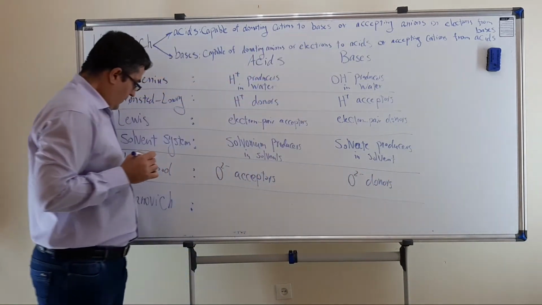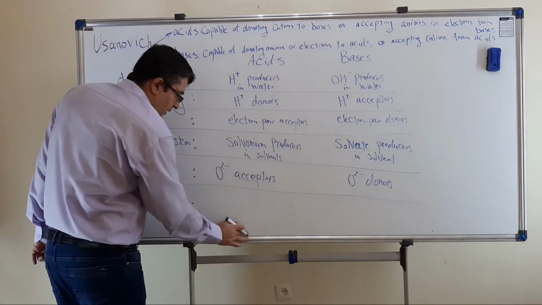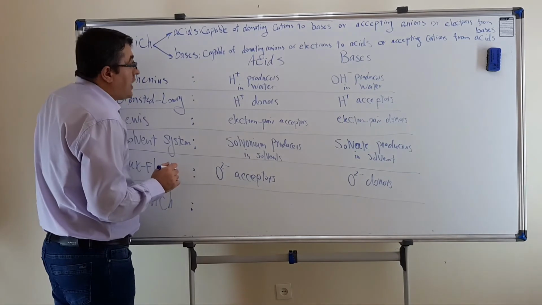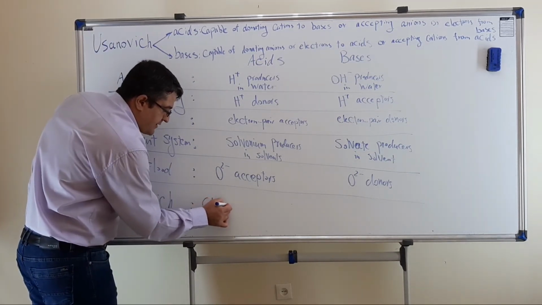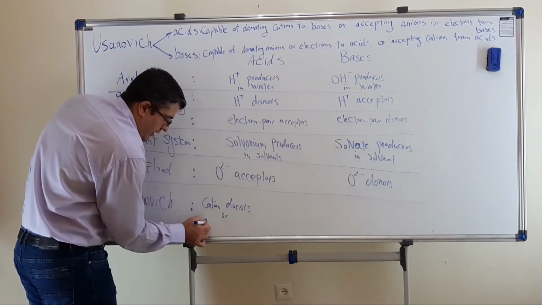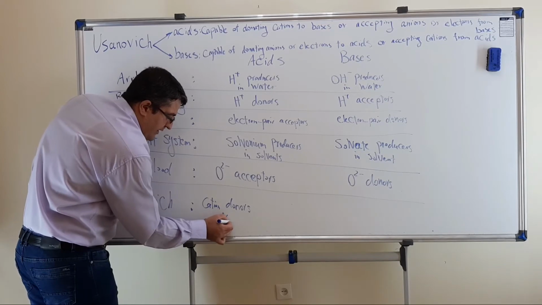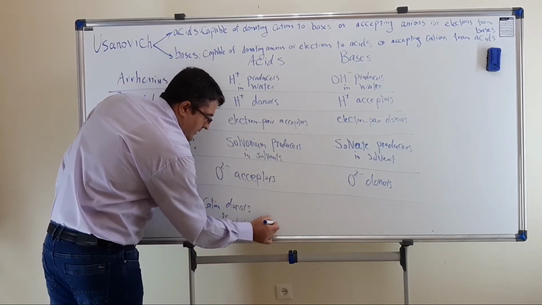Finally, we have the Usanovich acid-base theory, based on which acids are, in simple words, cation donors or anion or electron acceptors.